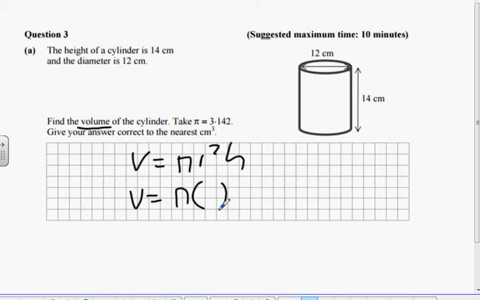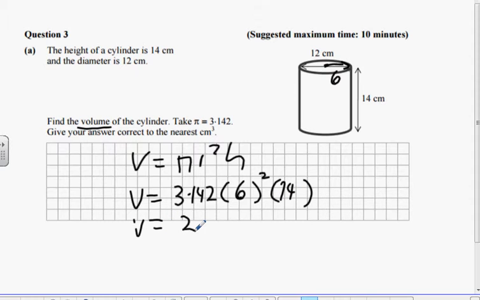Radius is 6. Where do you get the radius of 6 from? 12 is the diameter. 12 divided by 2 is 6. 6 squared. What's the h value? 14. What do you get? 264 centimeters. 64 centimeters cubed. Everybody alright with that?